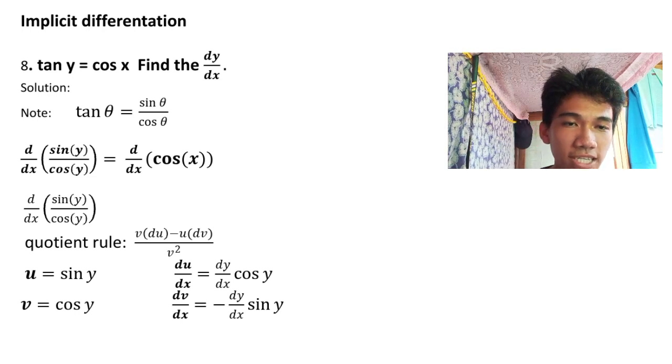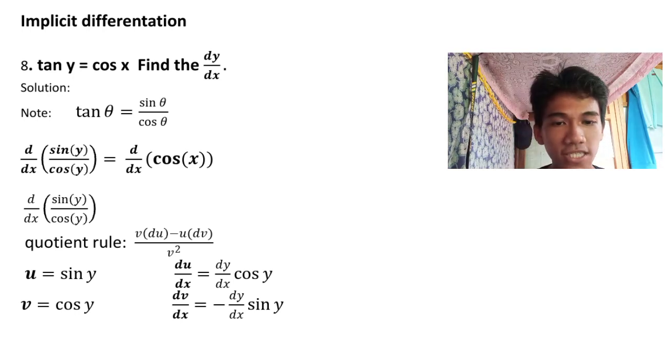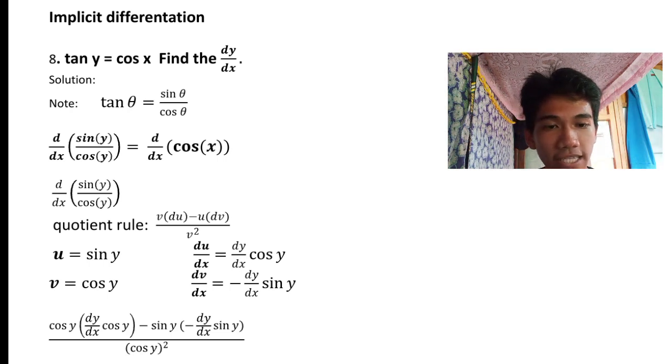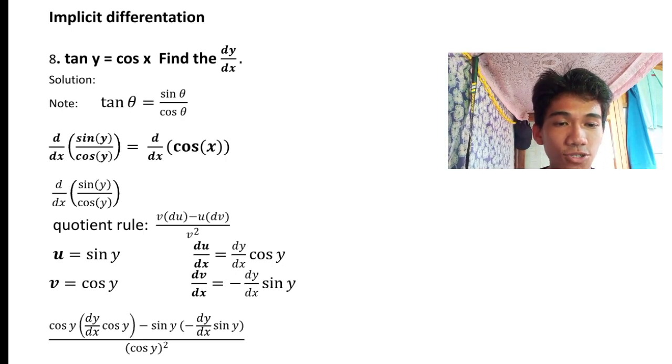After that, we're gonna substitute those values in the formula that is given to us, which is, first, the v, which is the cosine of y, times the derivative of u, which is the dy over dx cosine of y, minus the value of u, which is the sine y, times the derivative of v, which is negative dy over dx sine of y, and then all over v, which is the cosine of y squared.